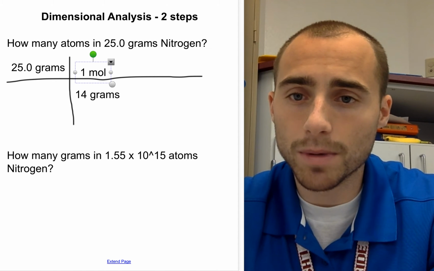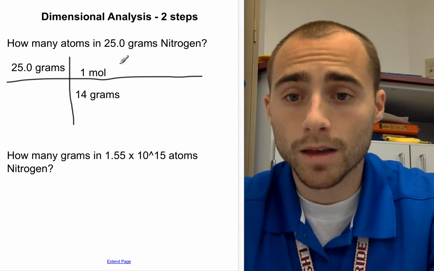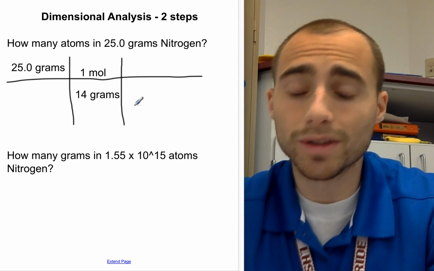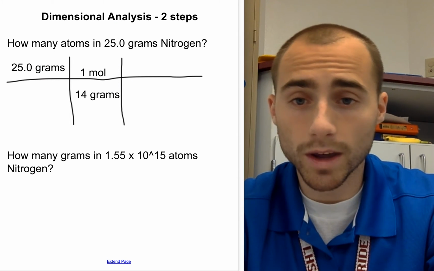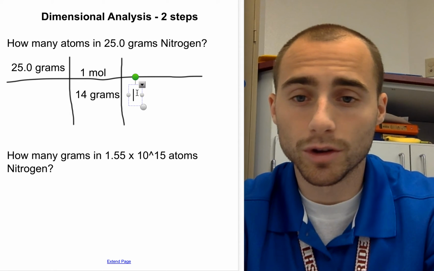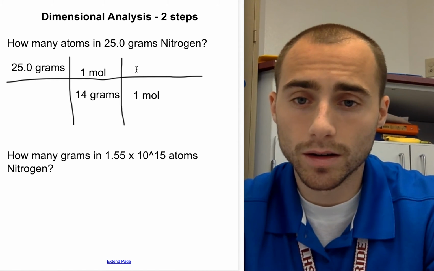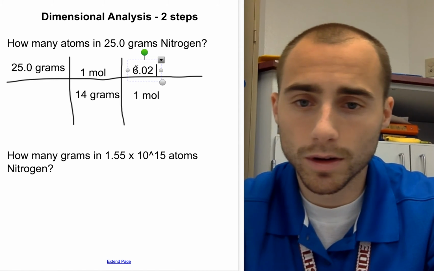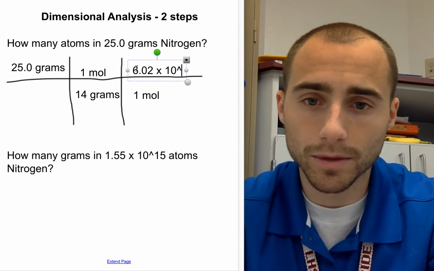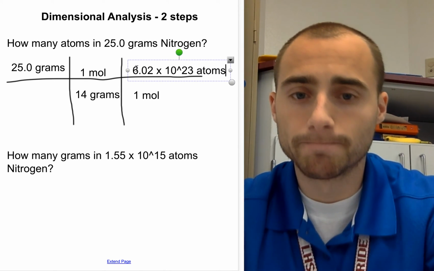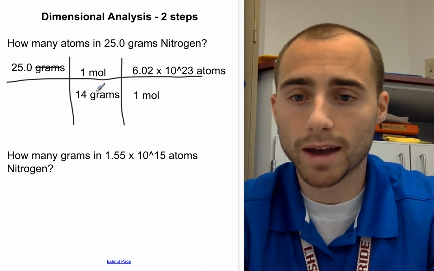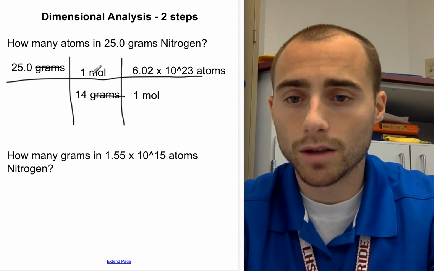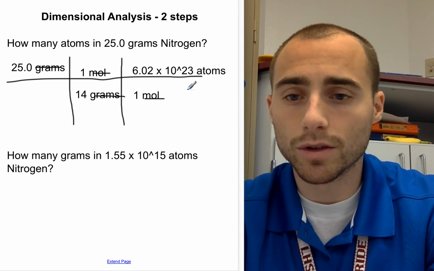Then you need to keep going because you're converting to atoms. So now you just combine from your pink sheet grams to moles with moles to atoms. So then you would put 1 mole down here and 6.02 times 10 to the 23rd atoms up there. If you look at your pink sheet, you'll see how those combine from grams to moles and then moles to atoms. You cross off grams, you cross off moles, and then you just multiply and divide.